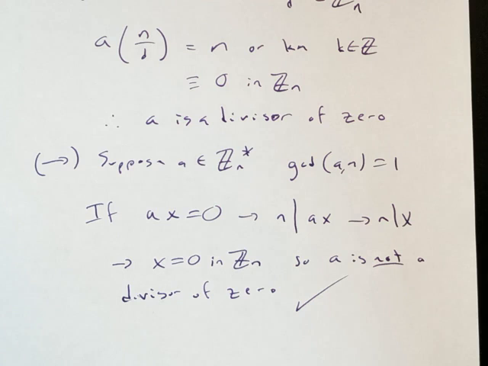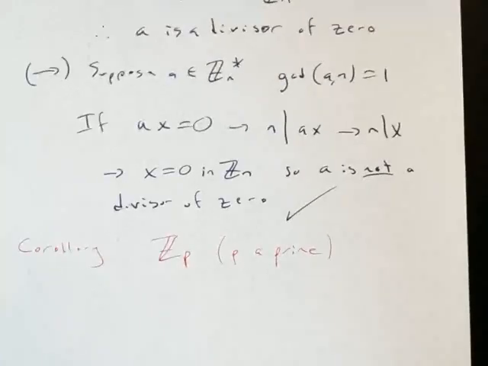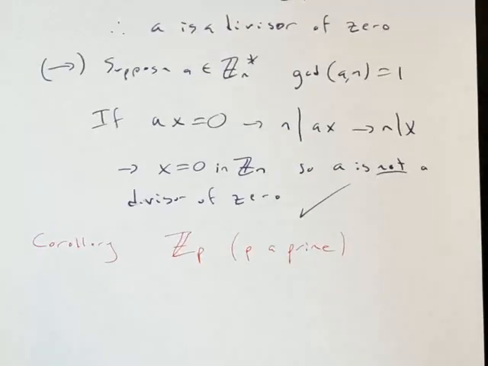So divisors of 0 show up when I'm not relatively prime. Wait a minute. Wait a second. What if I'm working in Zp?